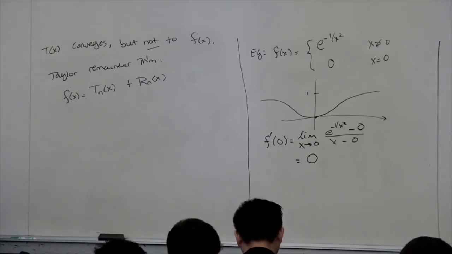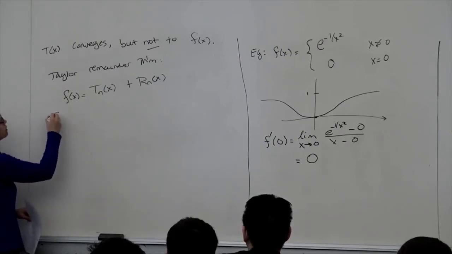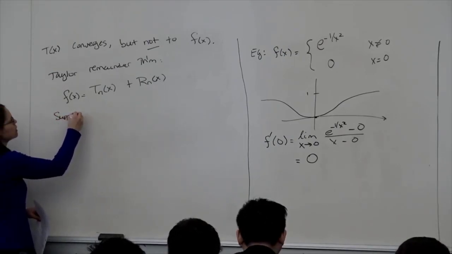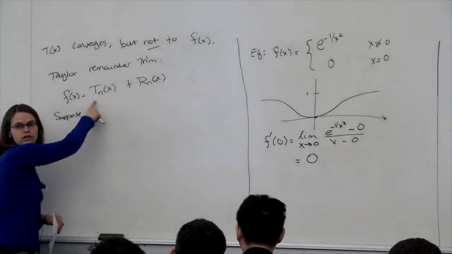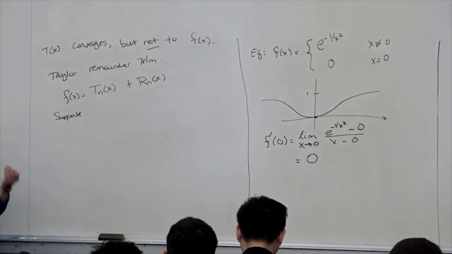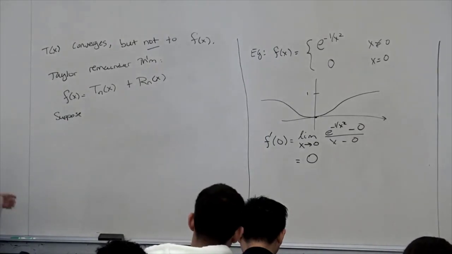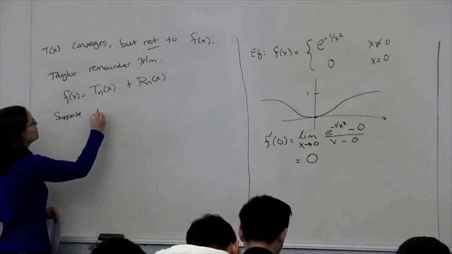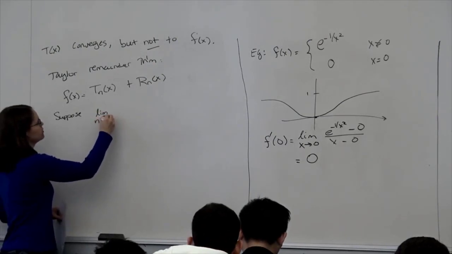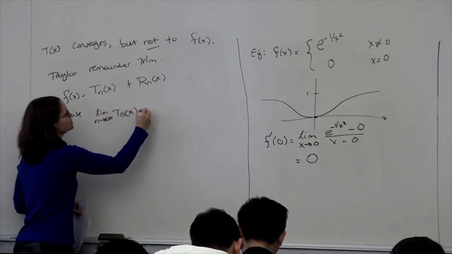Now we're in a situation where we can think of these nth order Taylor approximations as nth order partial sums. These are a sequence of partial sums. So suppose that we're in a happy situation where the sequence of partial sums does indeed converge. We have a convergent Taylor series.